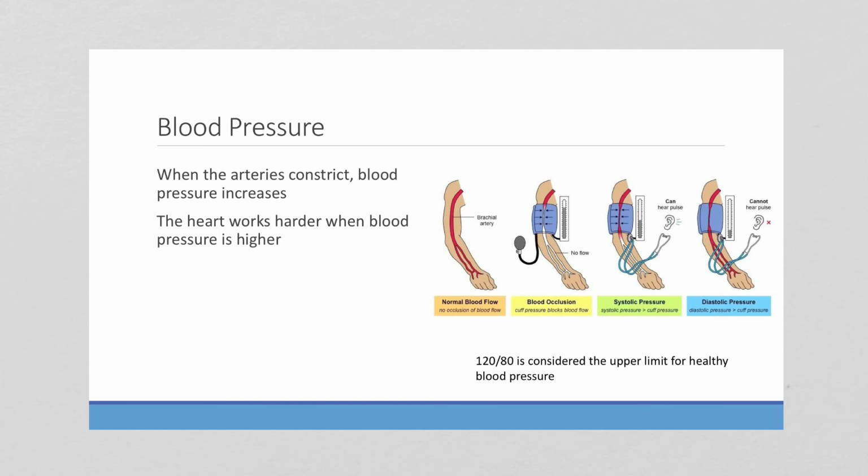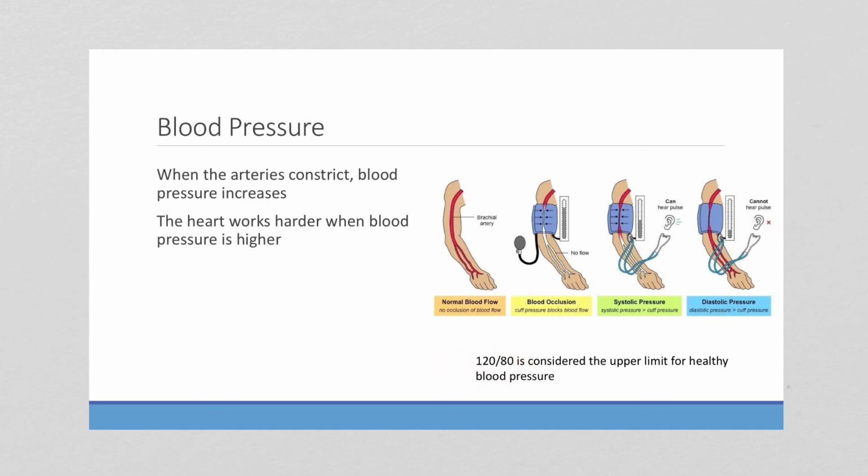The way this works is you restrict the blood flow, and then as the technician slightly releases the valve to somewhat release the pressure, as soon as they can hear the pulse, they know that is the systolic pressure. And then when they lose the pulse, that is the diastolic pressure. So that's how that is actually measured.